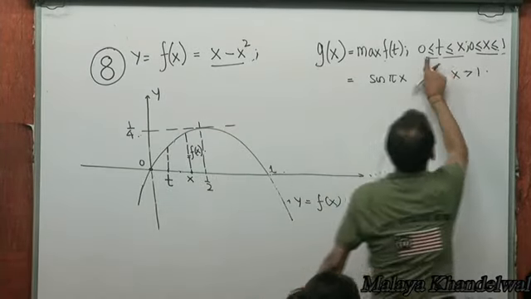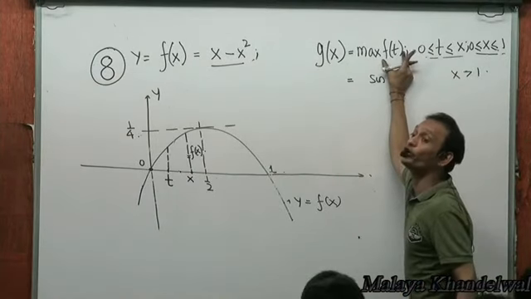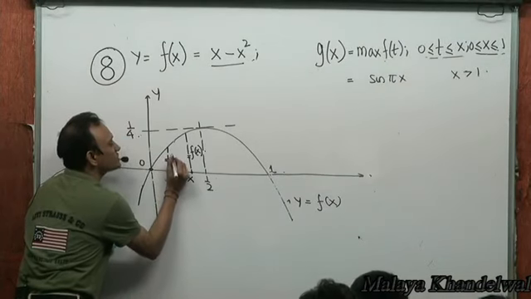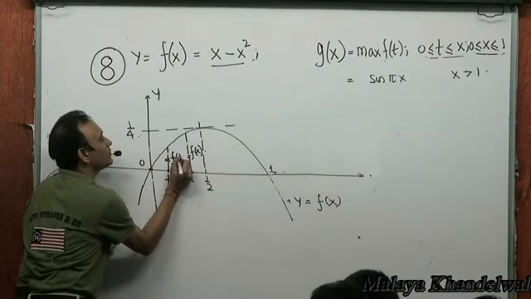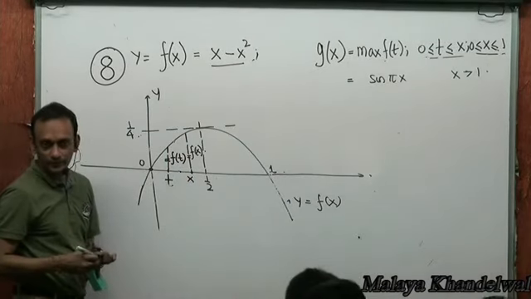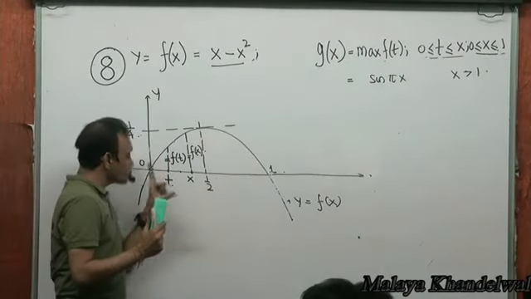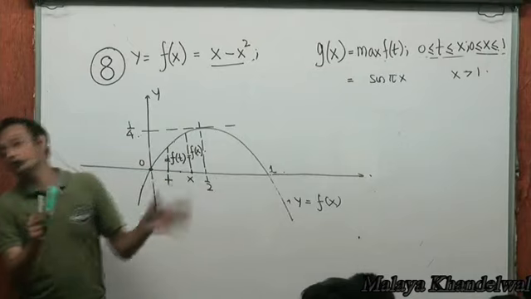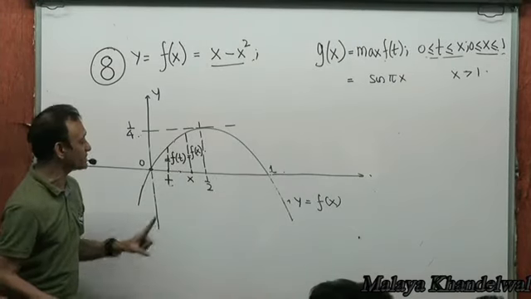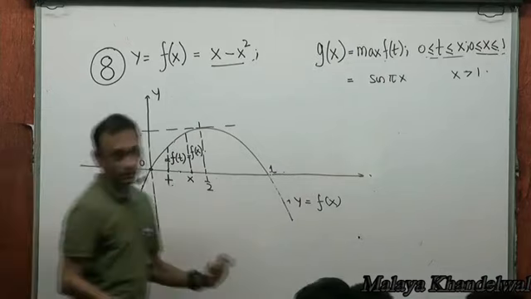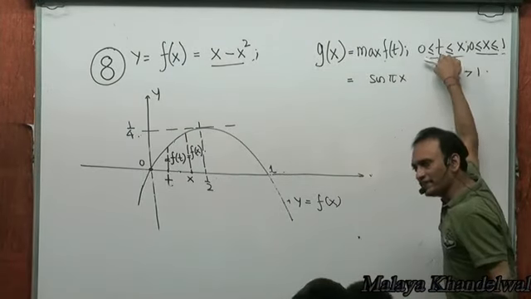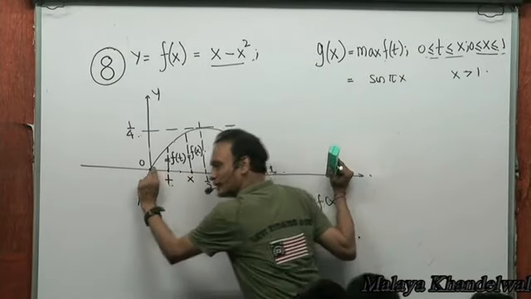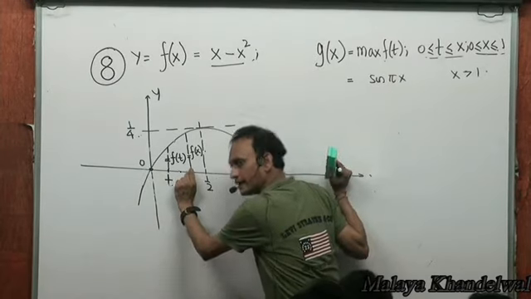While that t runs from 0 to x, it generates a lot of ordinates called f(t)'s. For every t there is going to be an f(t), which is this, isn't it? So the objective: given x, I know f(x), but I want to find g(x). The rule for finding g(x) is to take a running variable t and allow it to run from 0 to x.